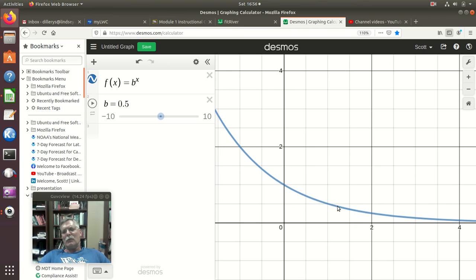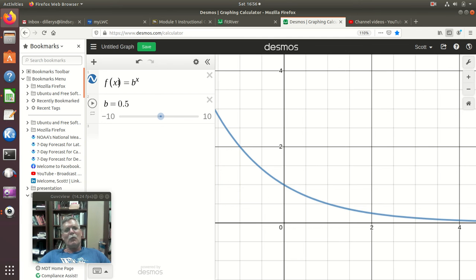Well, so this is going to be just the symmetric curve about the y-axis. Whereas when b was 2, it grew really big over to the right, well, now when b is 1/2, it's going to get big as it moves out to the left, because all of a sudden I have 1/2 to a negative exponent. Well, that's the same as 2 to a positive exponent.